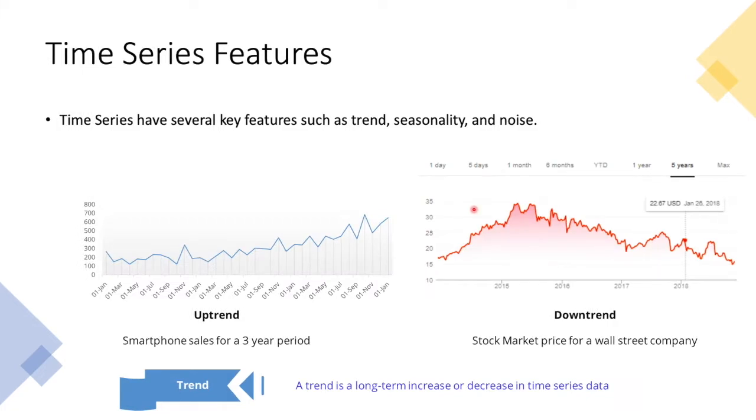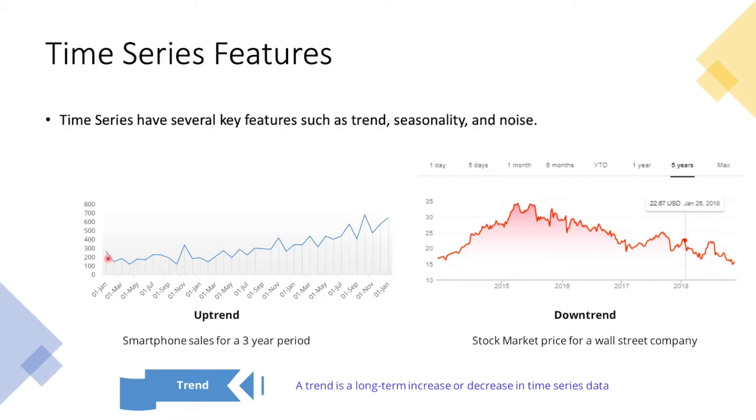Okay, now let's talk about the time series features. As I mentioned before, a time series has several key features such as trend, seasonality, and noise. Let's look at the trend first. A trend is a long-term increase or decrease in time series data, and the trend can either be an uptrend or a downtrend. Let's look at the first plot. It's an uptrend.